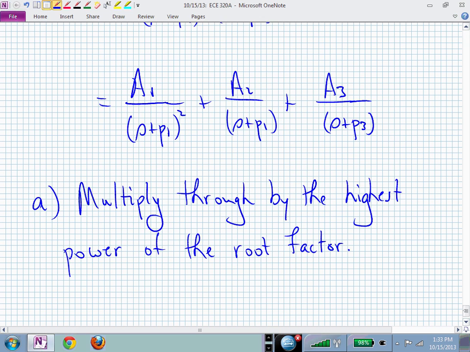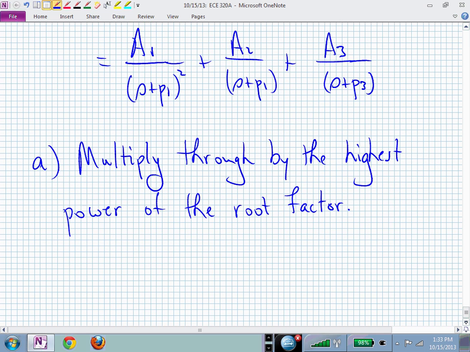This should look familiar. In this case, we're multiplying every term by s plus p1 squared. Then, and this is why you studied calculus in 7th grade, now you get to differentiate. So you differentiate all these terms with respect to s, as in Sam.